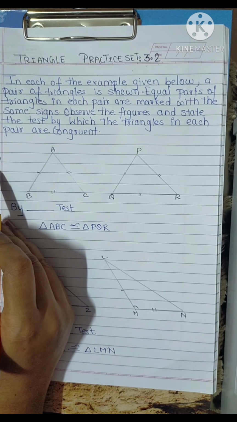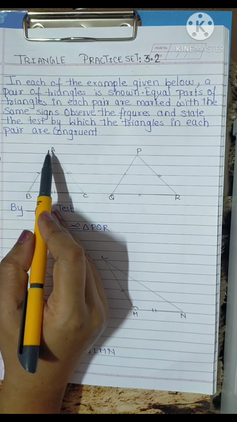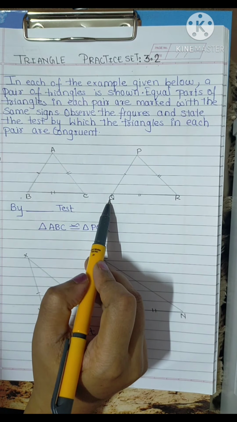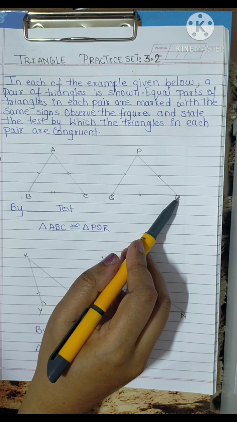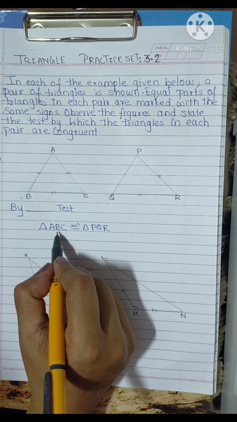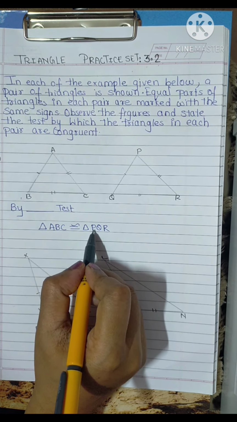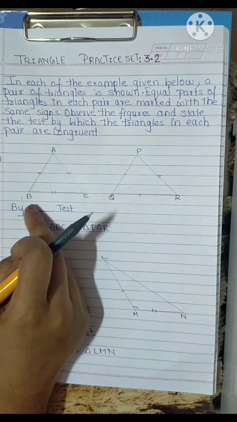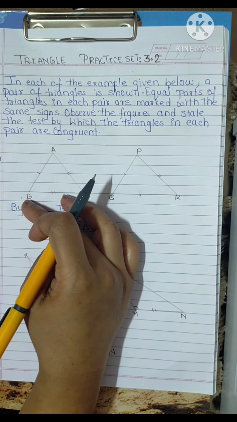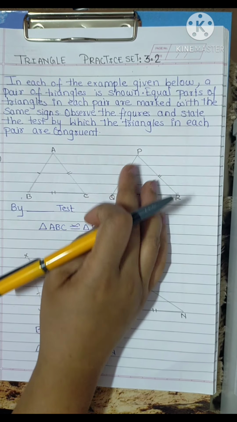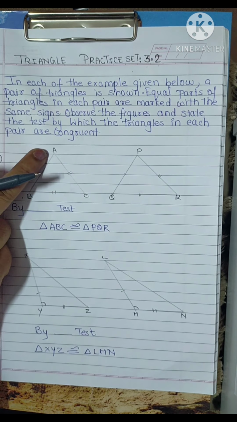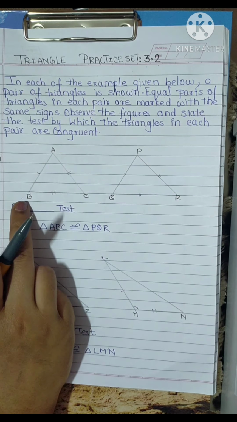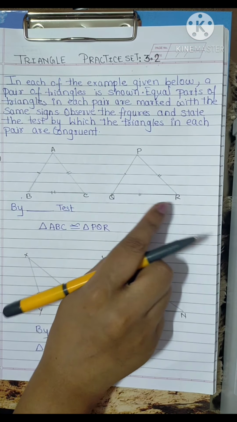So the first diagram is given, triangle ABC and triangle PQR. It is given that triangle ABC is congruent to triangle PQR. Segment AB is also congruent to PQ, AC is congruent to PR, BC is congruent to QR.